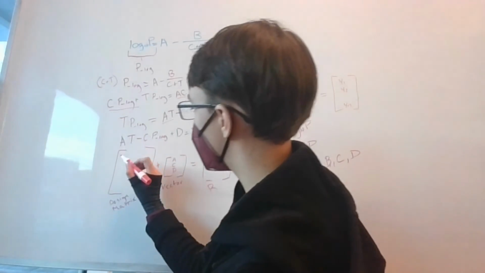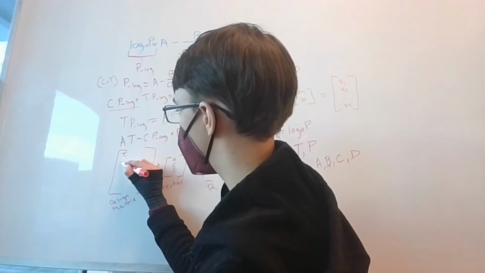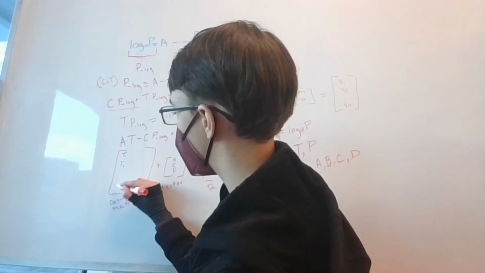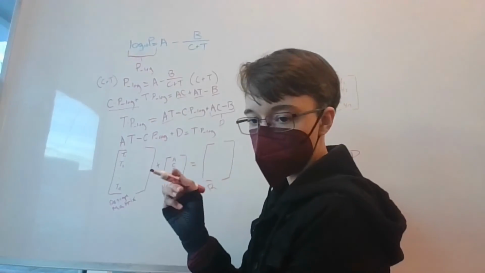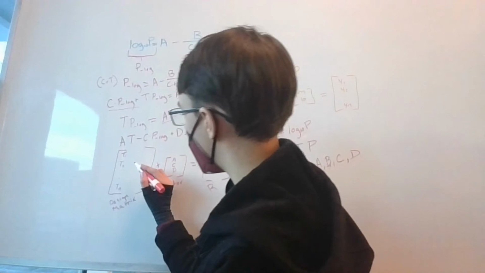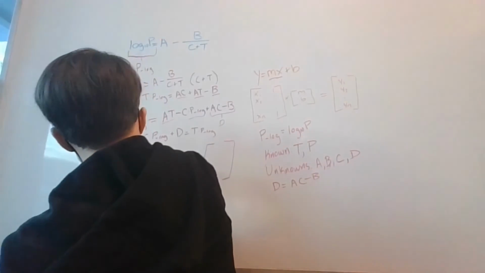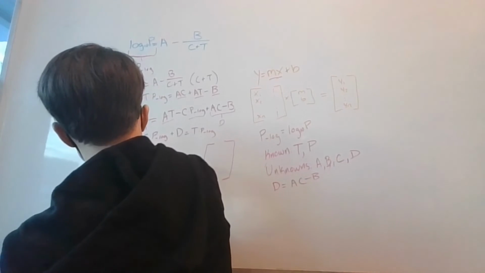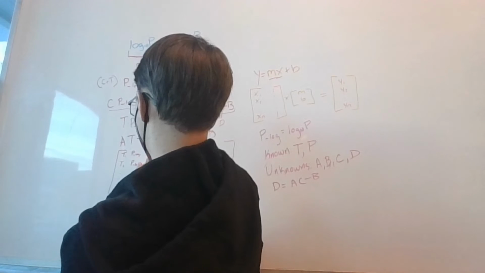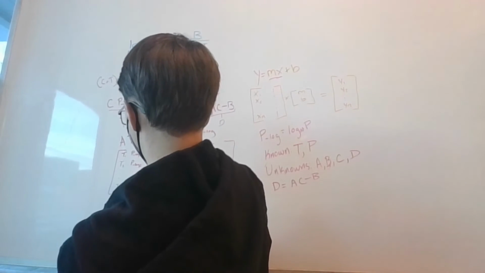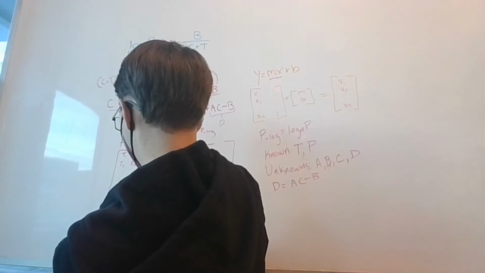Alright, so then it's going to be A times the temperature. So I have our first temperature, second temperature, all the way down to our nth temperature. So n is just the amount of data points that you have. And then we're going to have our first pressure logarithmic, our second pressure logarithmic, all the way down to our nth pressure logarithmic.